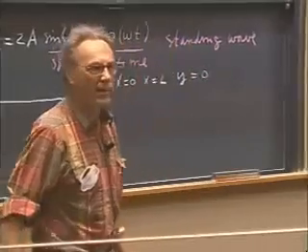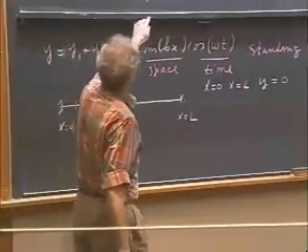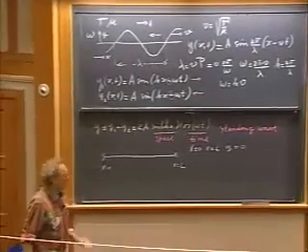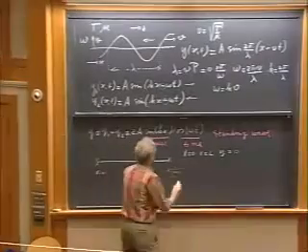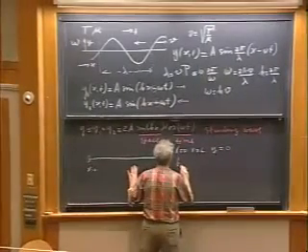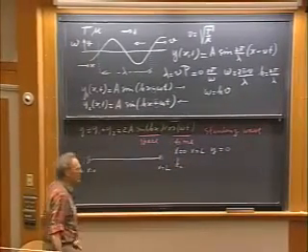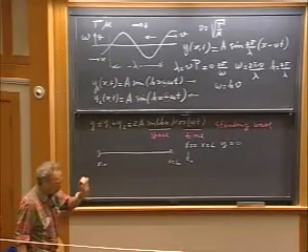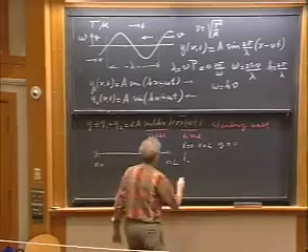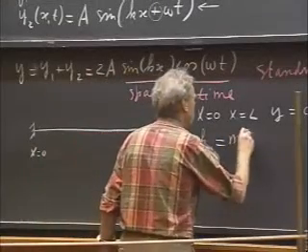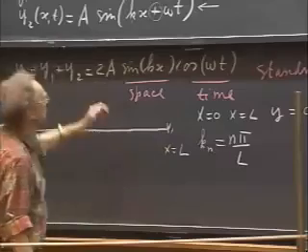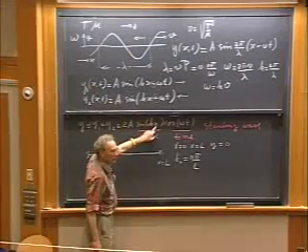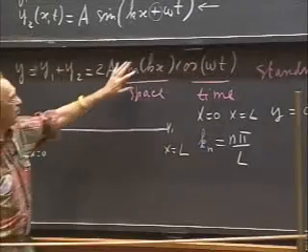And so the only way that that can be done is that you only allow certain values for k to exist. And those values for k, which I will give an index n, as in Nancy, which is going to be the normal mode, n equals 1, 2, 3, 4, is now going to be n pi divided by L. Clearly, if x equals 0, then the whole thing is always 0.